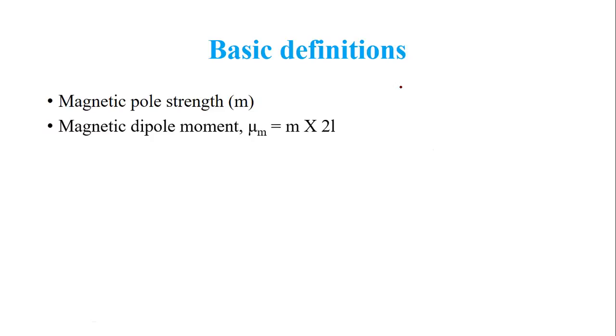So, let us draw one bar magnet like this. Now, let us say this is the north pole and this is the south pole.